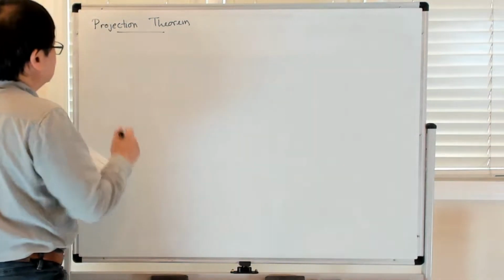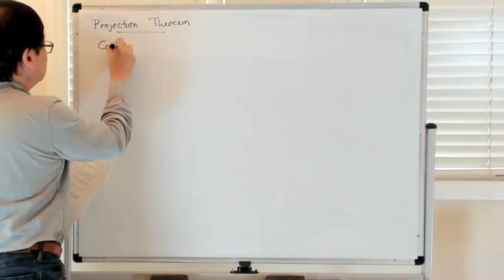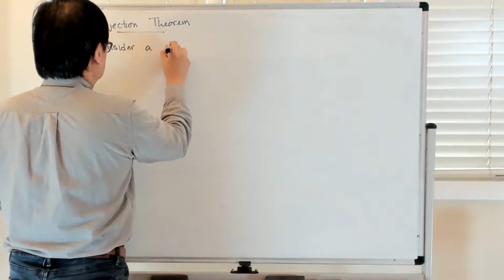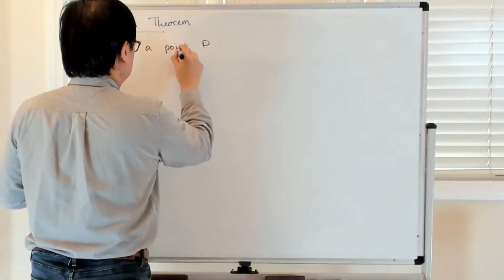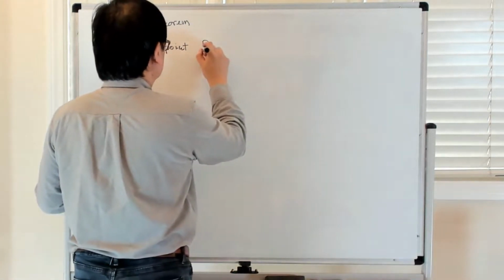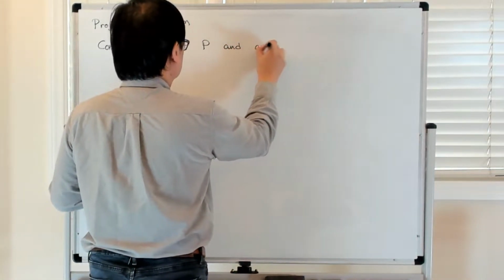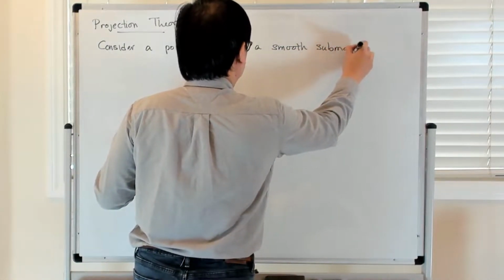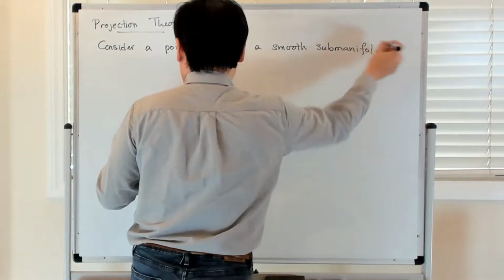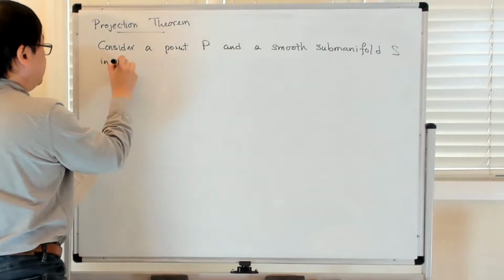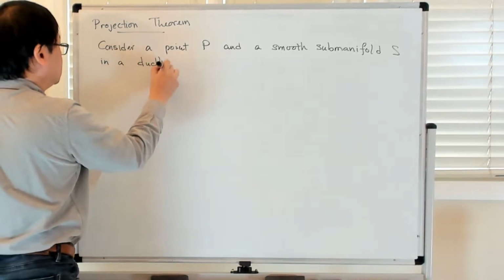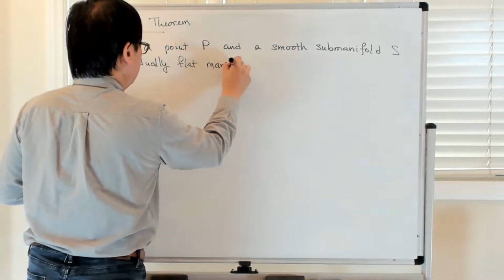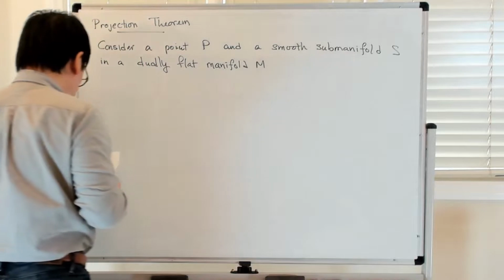information manifold. Okay, so what I'm going to do is consider a point P in some smooth submanifold, let's call it S, in a dually flat manifold M. Okay.